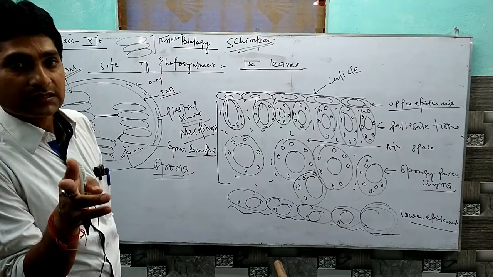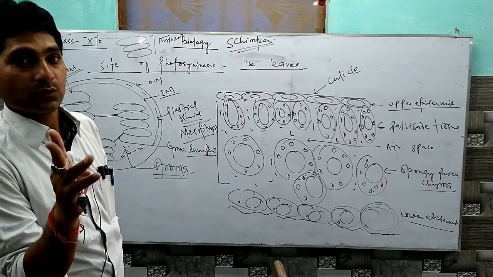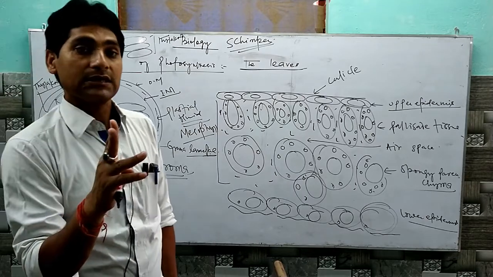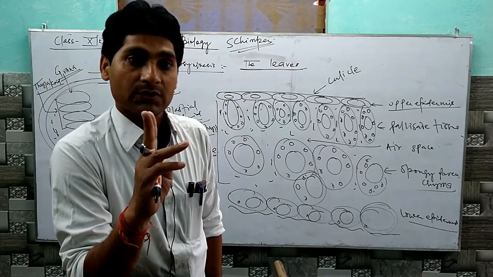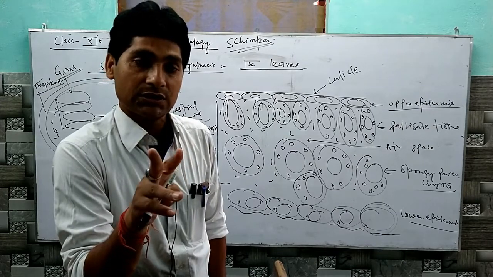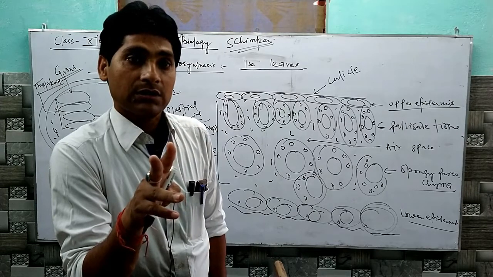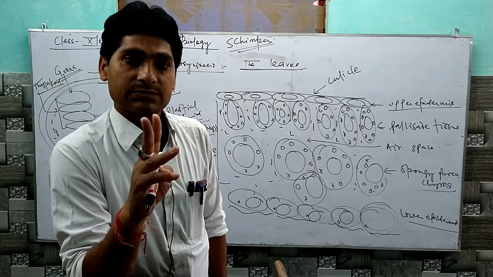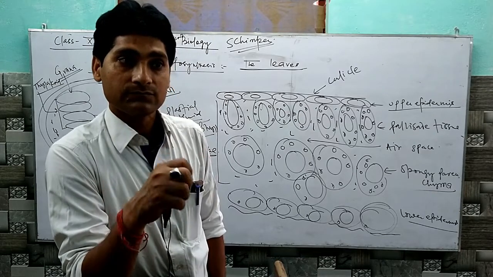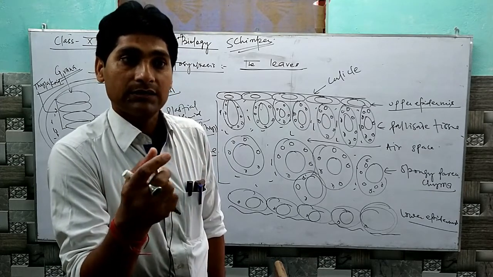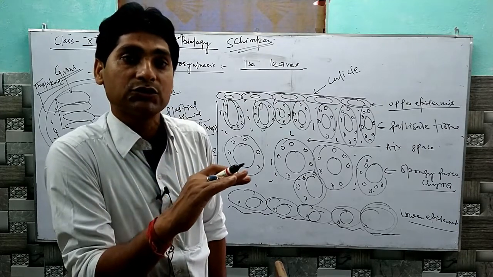Internally the chloroplast has two different regions, the grana region and the stroma region. The grana region is the transparent region where sunlight falls, and the stroma region is opaque where there is no sunlight.